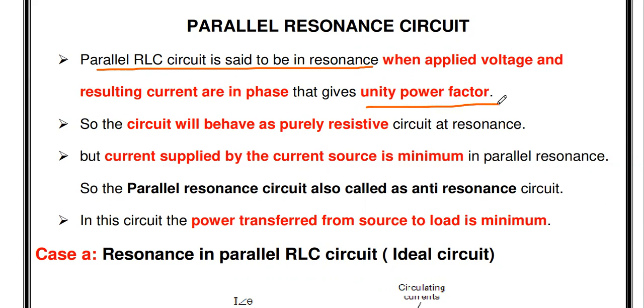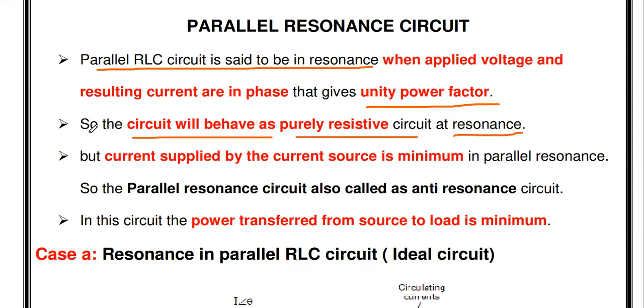Similar to the series RLC resonance circuit, in the parallel RLC resonance circuit the power factor is also unity. And if the circuit is in resonance condition, that AC circuit behaves like a purely resistive circuit, since the reactance of the inductor is equal to the reactance of the capacitor, so both get cancelled. That's why the circuit behaves as purely resistive only in resonance condition.